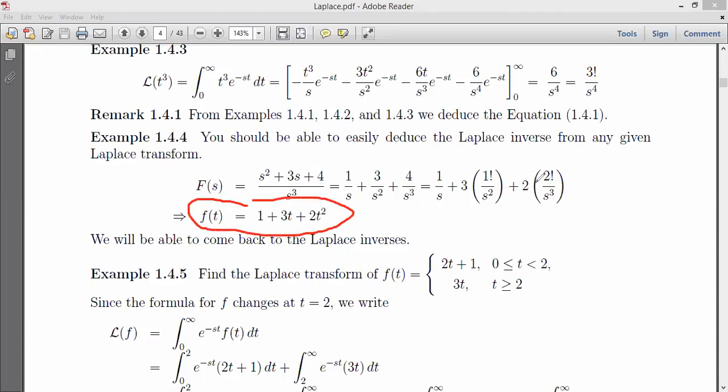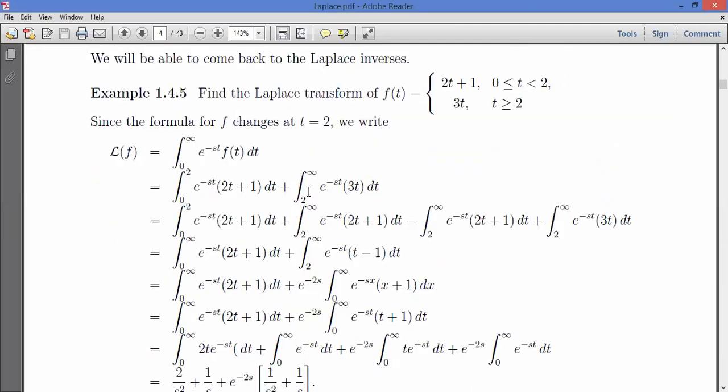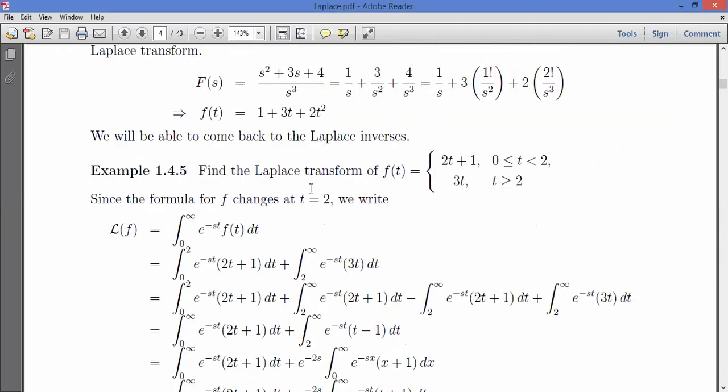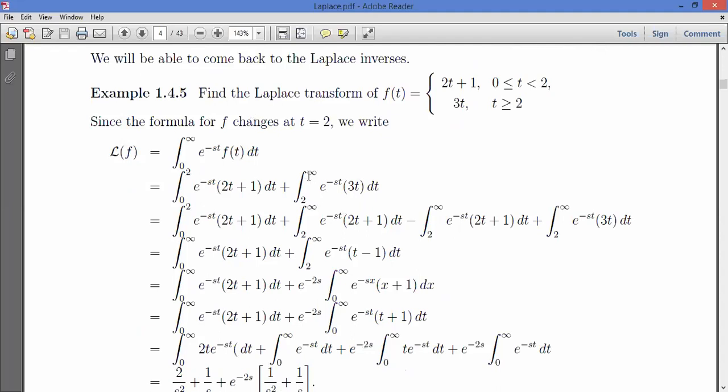This was derived from this, after understanding the Laplace of generally t to the n, if a function is of that general format. So we looked at that last time, and we went further.